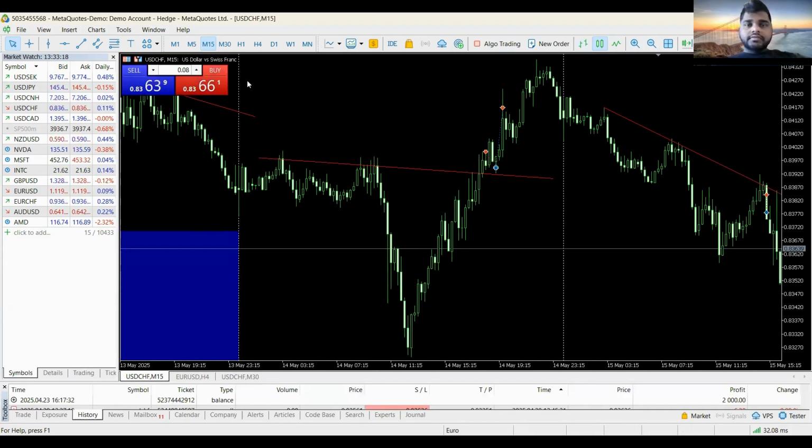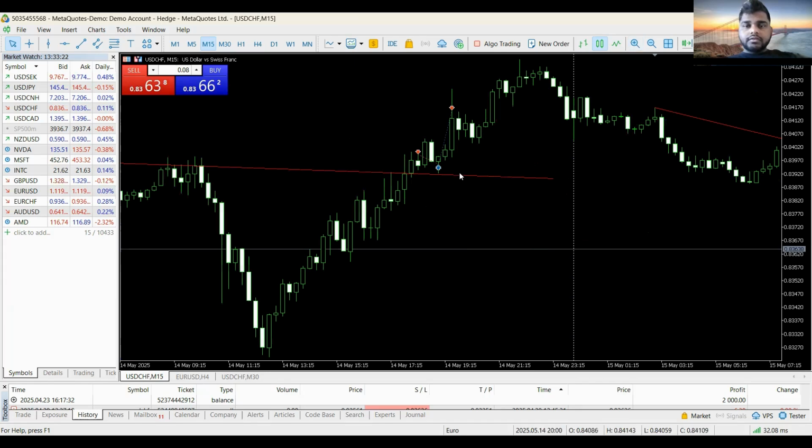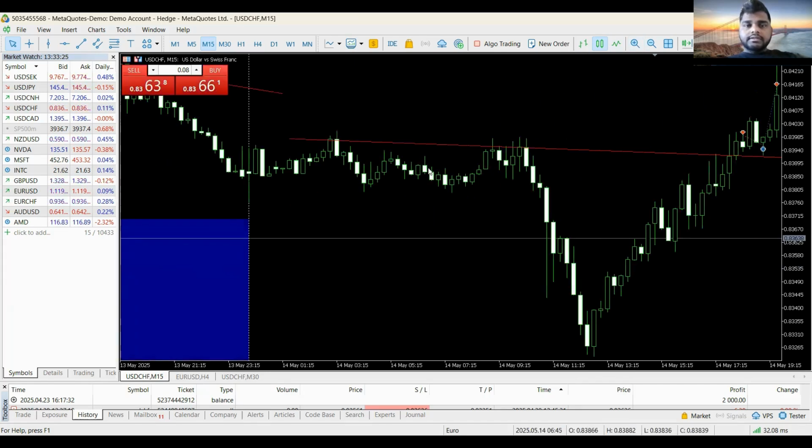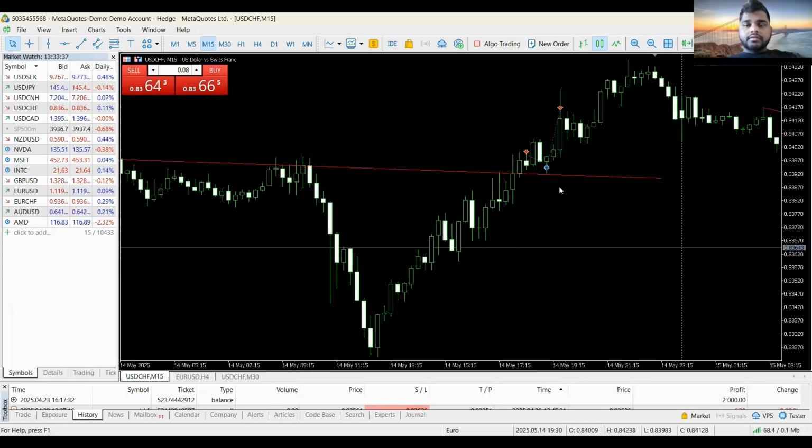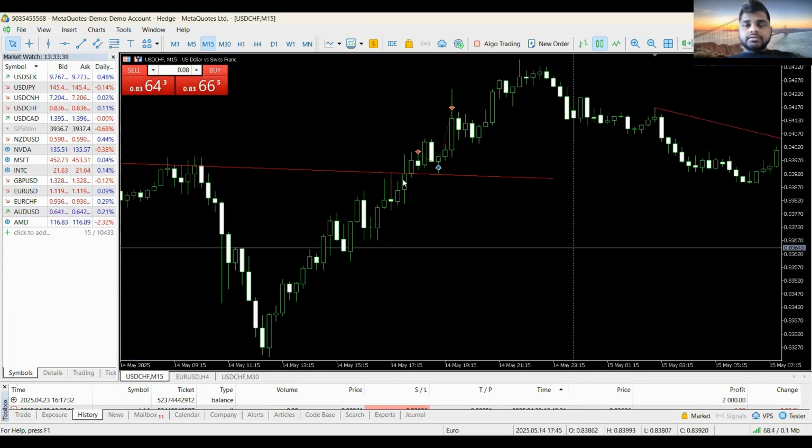Okay, so we are on the 15 minutes time frame, and over here we can see there's a trend line. I just drew the trend line over here. This is the resistance and this is another resistance. I drew the trend line connecting both of them, and I saw the break of this and just wanted a retest.